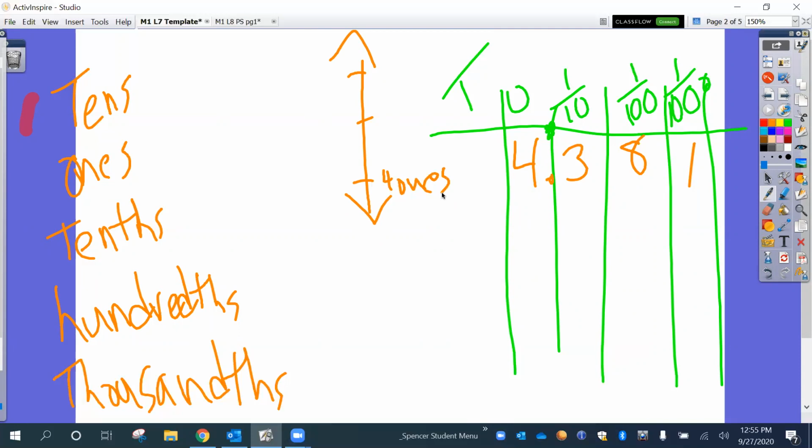And what would be the rounding up of 4 ones? I'm sorry, I messed that up. We're rounding to the tens place first. So if there's nothing in the tens, we're looking for 0 tens. And what would be one more than 0 tens? Well, that would be 1 ten.